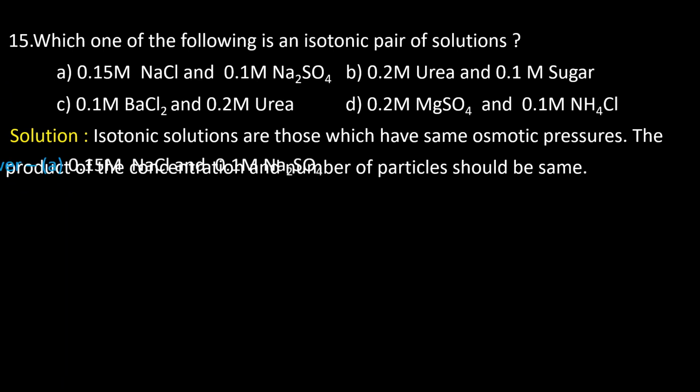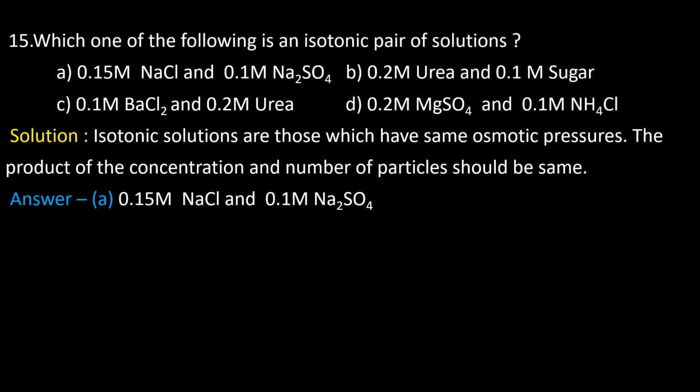Now if you see, the correct answer is option A, that is 0.15 m NaCl and 0.1 m Na2SO4. Dear friends, NaCl will dissociate to give 2 ions, that is 2 particles, and the concentration of NaCl is 0.15. So 0.15 into 2, that will give 0.3, and Na2SO4 will dissociate to give 3 ions.